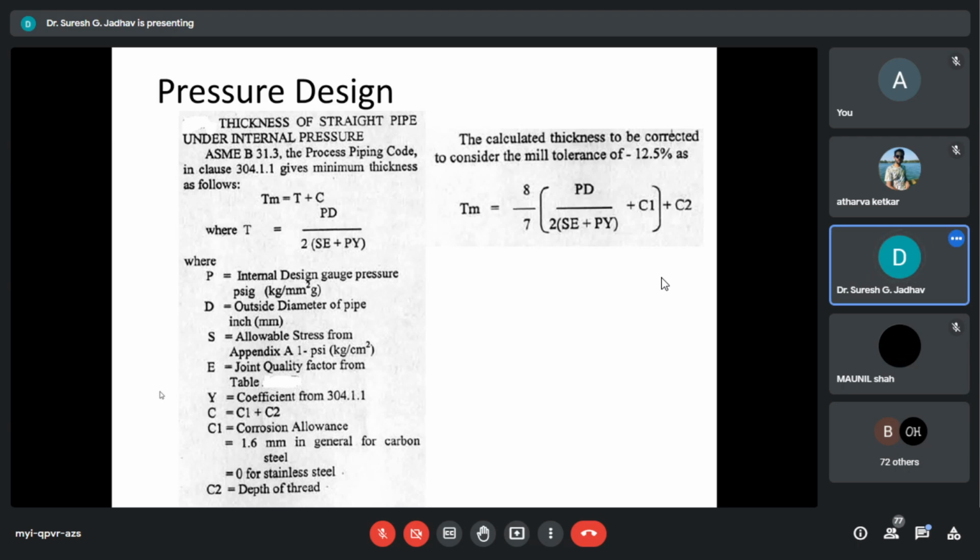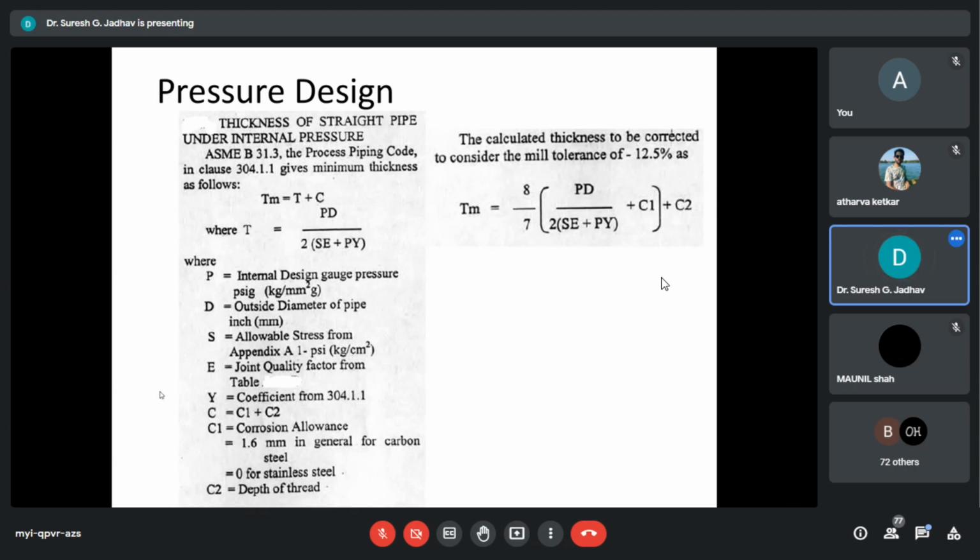Then, with the help of this relation, TM, which stands for the minimum thickness, is equal to P into D over 2 into bracket SE plus PY bracket close, plus C1 bracket close plus C. At the end, we can calculate the thickness to be corrected considering the mill tolerance of 12.5% of minimum thickness.